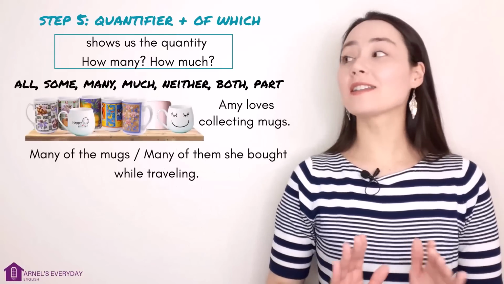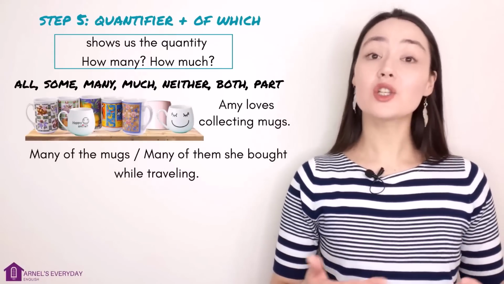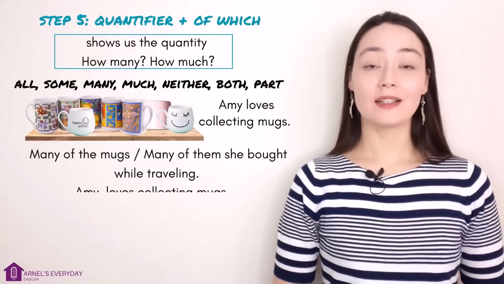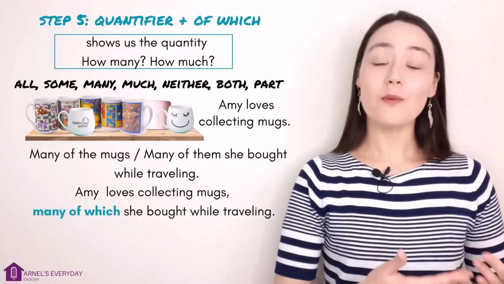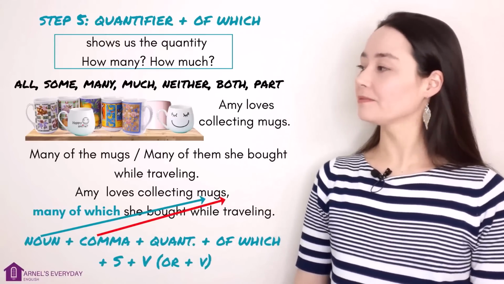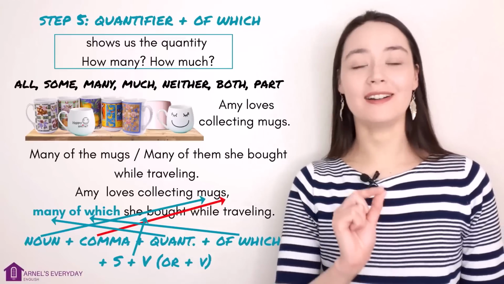Amy loves collecting mugs. Many of the mugs, or many of them, she bought while traveling. Let's put those together. Amy loves collecting mugs, many of which she bought while traveling. Noun we are describing, comma, quantifier of which subject verb or just verb.